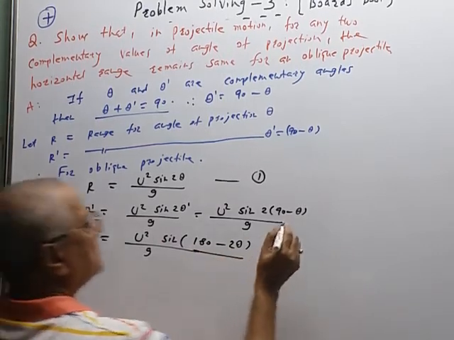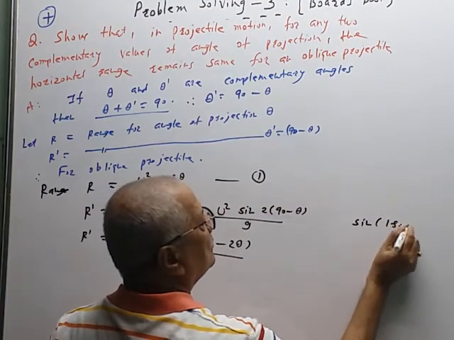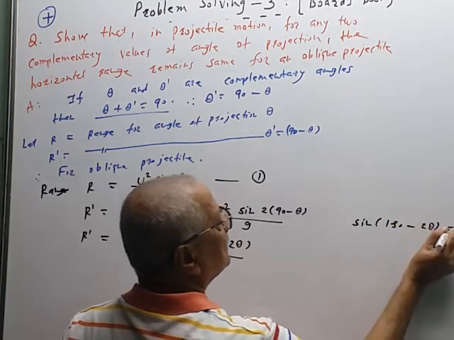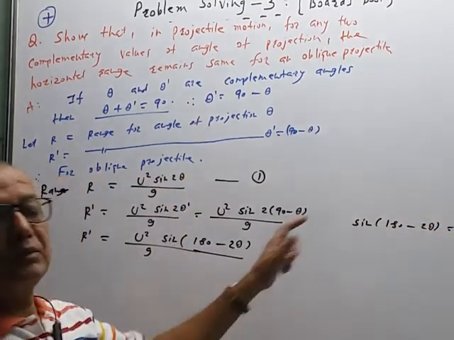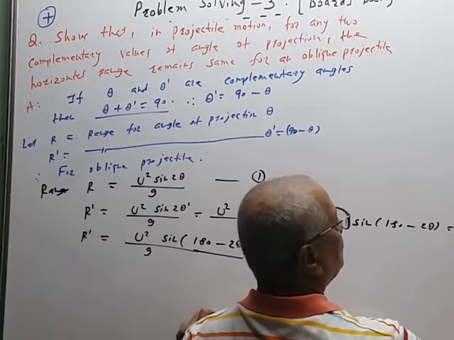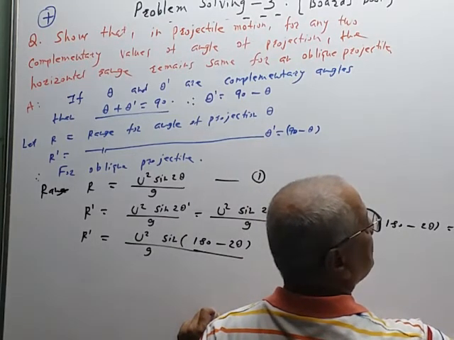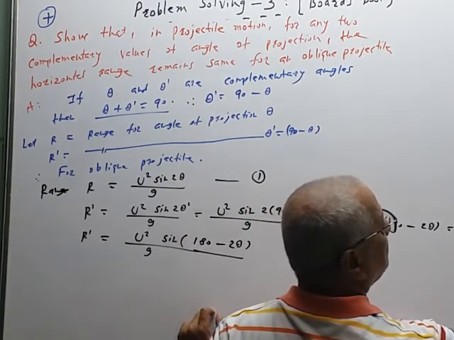So this expansion I will use separately. Sin of 180 minus 2 theta: we are using the formula sin of a minus b, which is equal to sin a cos b minus cos a sin b.